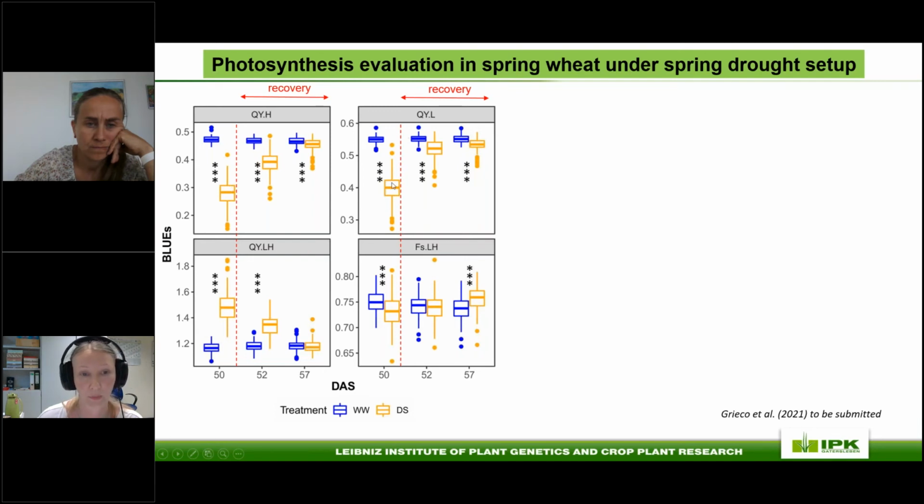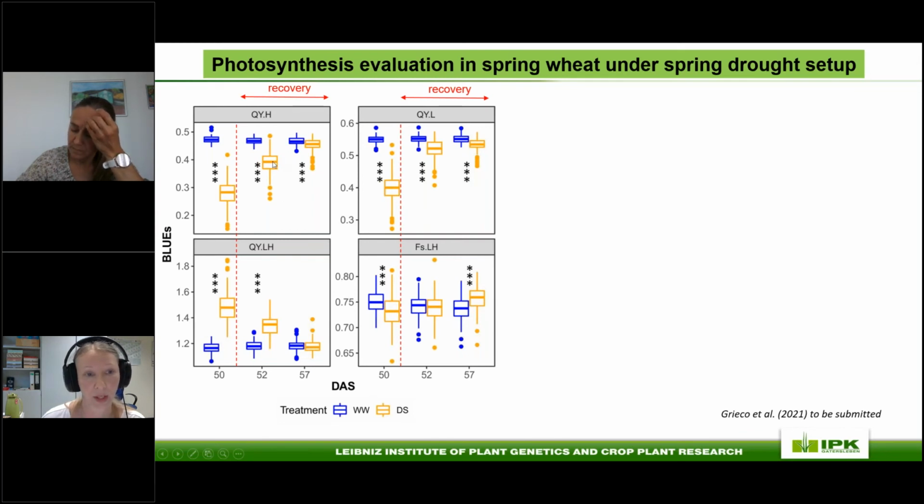Similar for the parameter in the transient shift to the low light, also reduced, while the ratio is increased, while for this fluorescence ratio, yeah, it was significant, but it was not as strongly different in drought as in control.